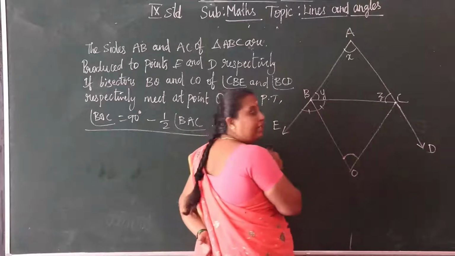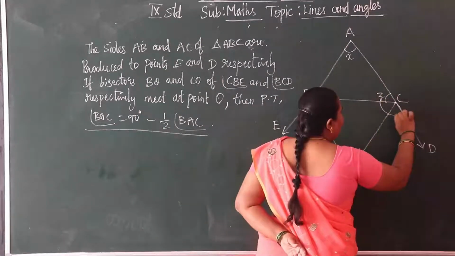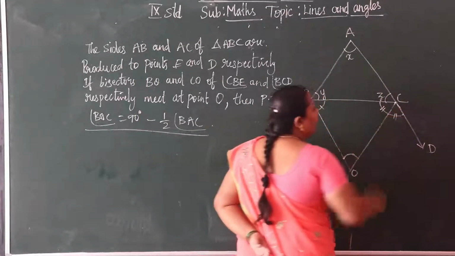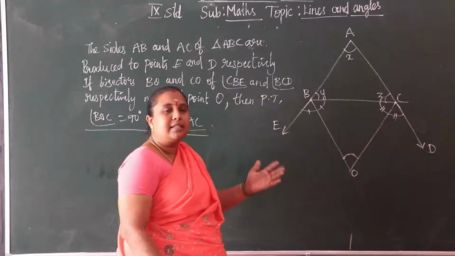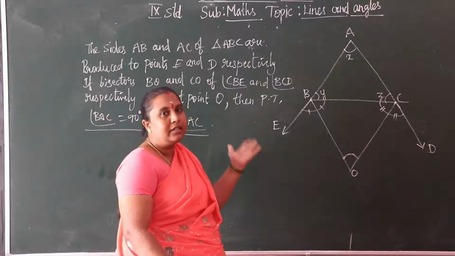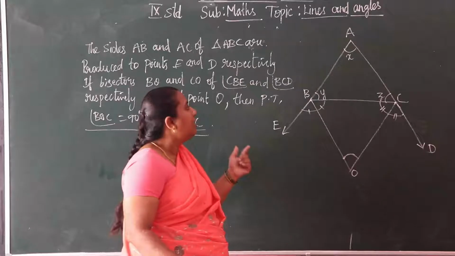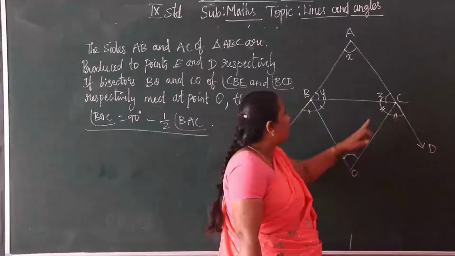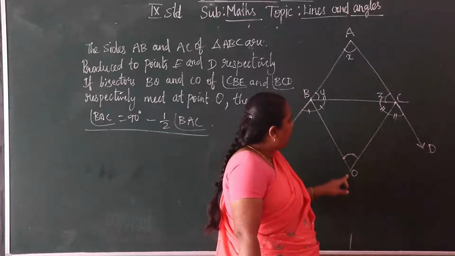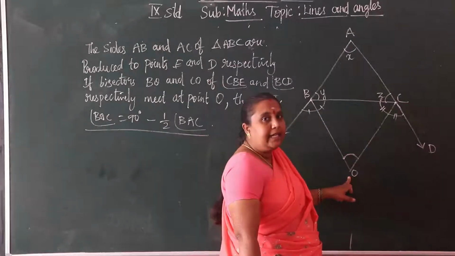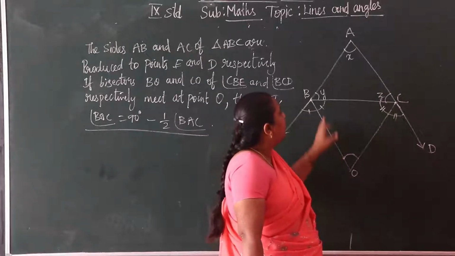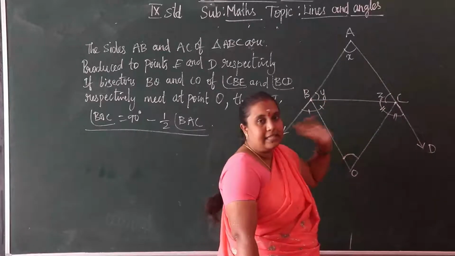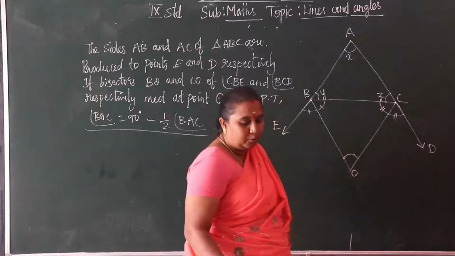These two are equal, and here also these two are equal. You know that, children. Then we want to prove angle BOC equals 90 degrees minus half of angle BAC.